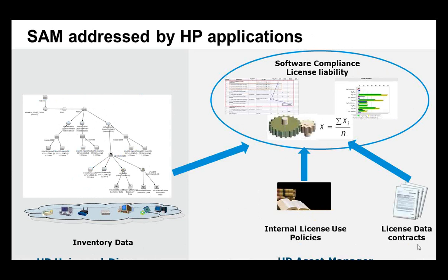We store the licenses and the contracts. Typically, the maintenance contracts are very important for a license because it allows to upgrade the license to the latest version. And asset manager will do this compliance work that you see on the top, which consists in making sometimes sophisticated reconciliation between the deployments and the procured licenses and the internal policies.